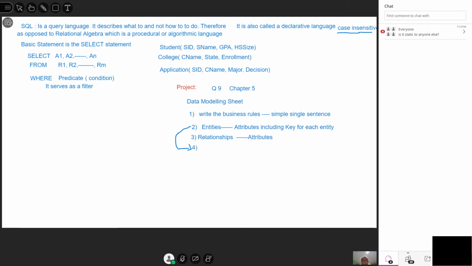Supertypes and subtypes, their attributes, relationships, and of course, keys.